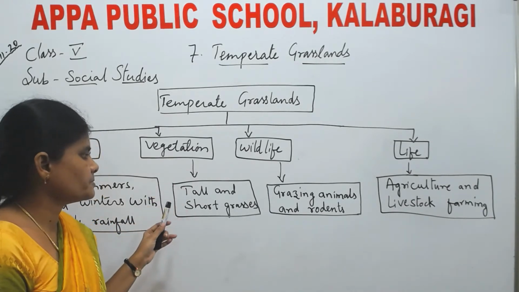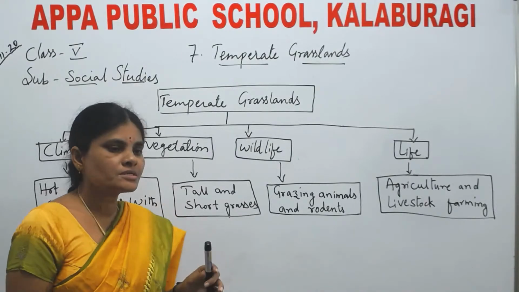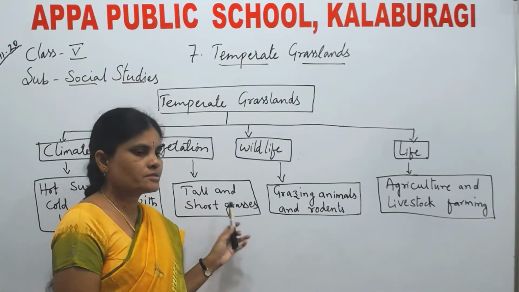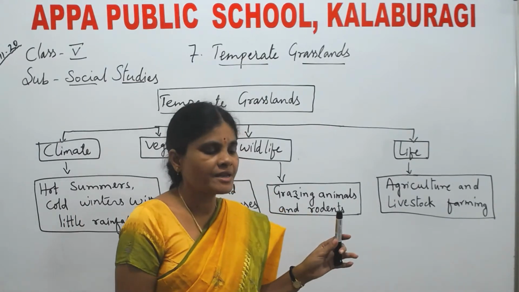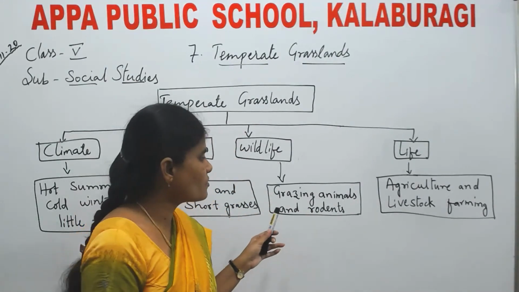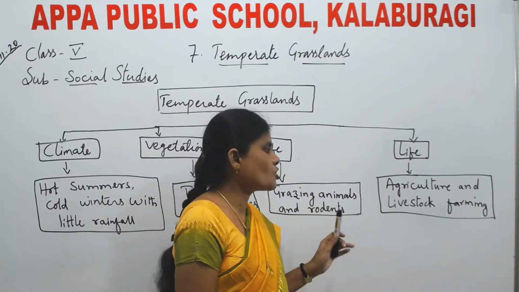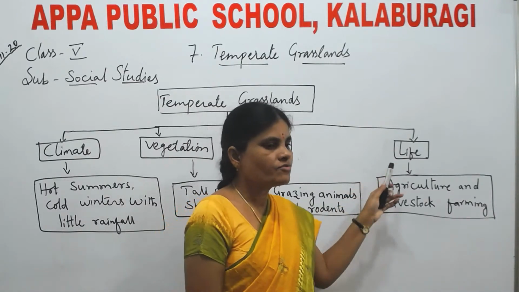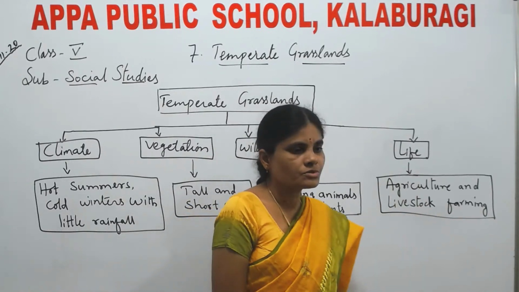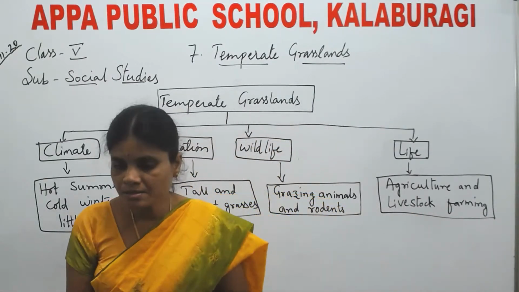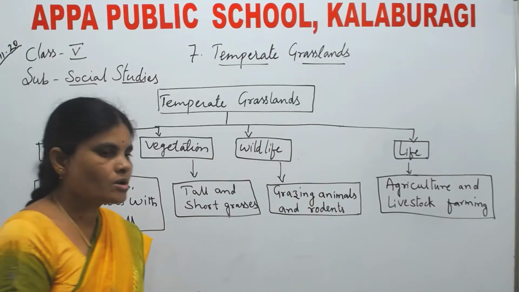What type of vegetation is found? Tall and short grasses. And wildlife, which means animals: grazing animals and rodents. What is the main occupation of the people here? Agriculture and livestock farming. Now let us study in detail regarding all these things.